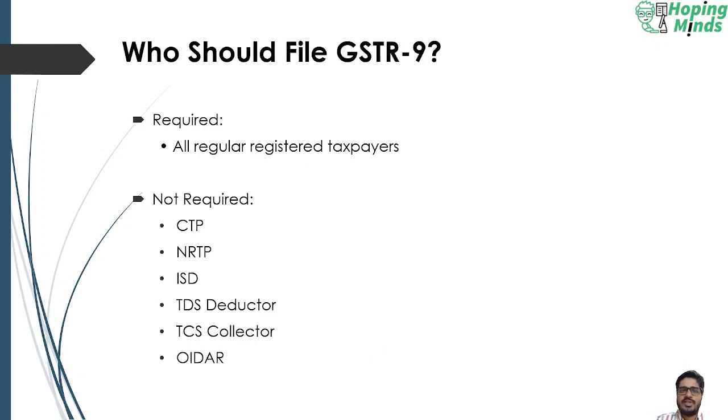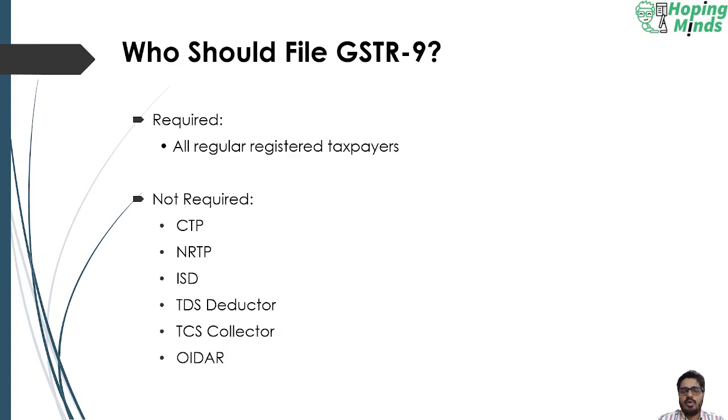So who should file GSTR-9? All the regular registered taxpayers are required to file GSTR-9, although it is optional for those whose turnover has not exceeded rupees 2 crores during the preceding financial year.